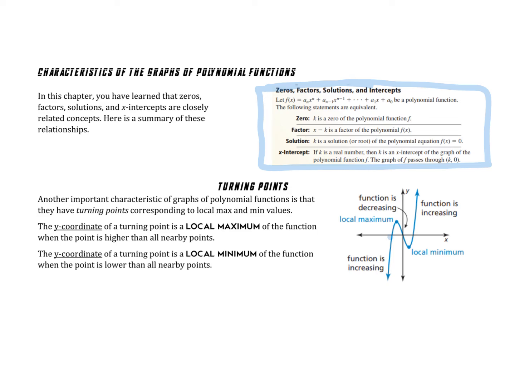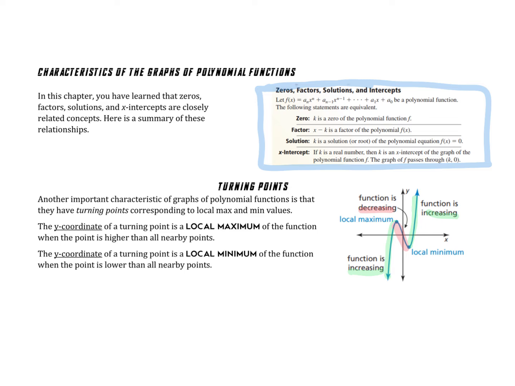But the key idea is we're talking about the x values where we are crossing the x-axis for a polynomial function. In previous chapters, we've talked about where a polynomial function is increasing, meaning going up, and where it's decreasing, meaning going down. So we've also talked about increasing versus decreasing.